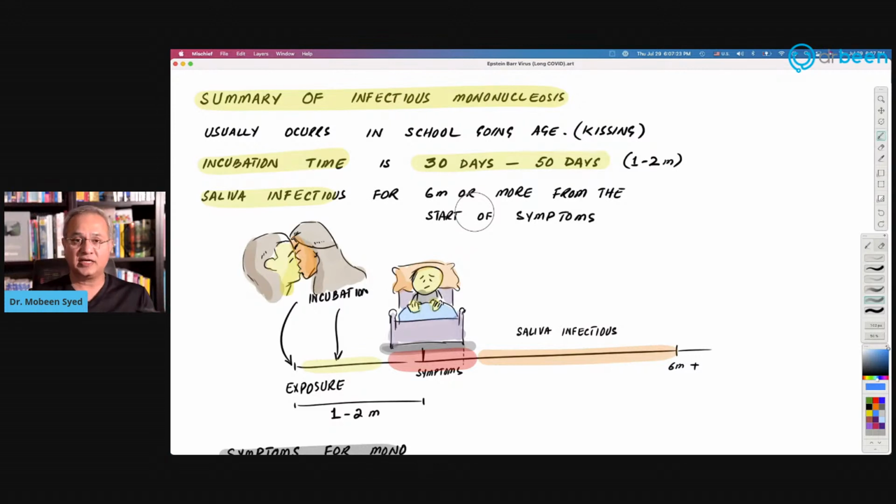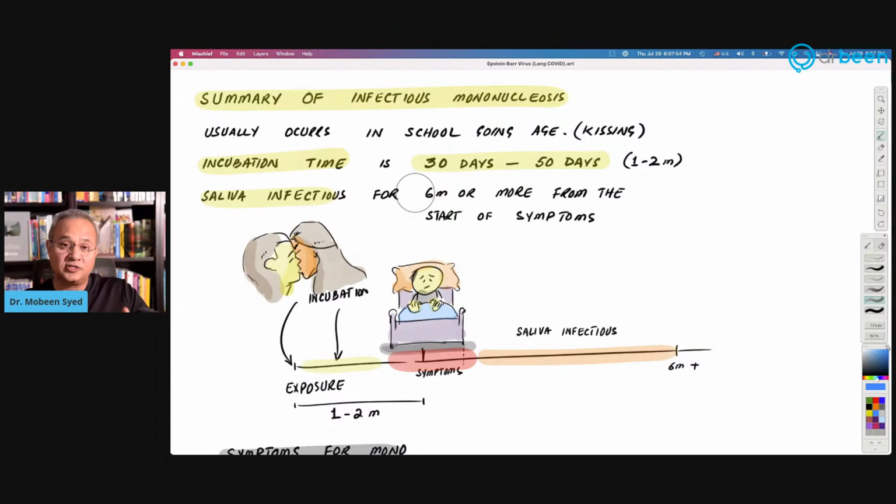The infection that it causes, infectious mononucleosis. Remember, infectious mononucleosis has nothing to do with the monocyte cells. It is actually a disease caused by Epstein-Barr virus, primarily of the B cells of the immune system. It usually occurs in the school-going age, but it can actually occur in smaller children as well. Most of the time when it is in smaller children, it is asymptomatic or very mildly symptomatic.